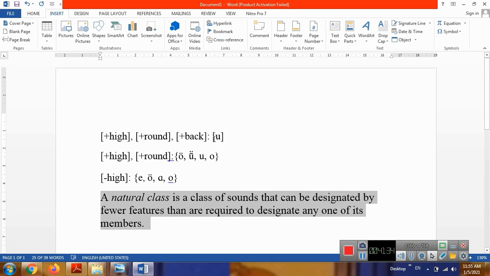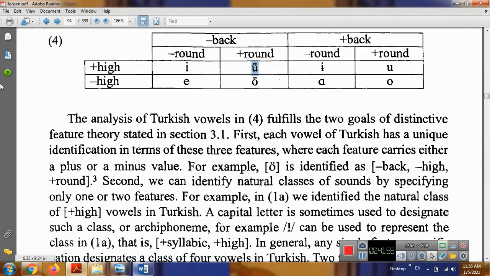For example, in Turkish, to designate one of its members, we should have 3 features. And when we have fewer than 3 features, for example, we describe the sound according to 2 features or 1 feature, we say that they are a natural class. Here we have a natural class and here we have a natural class. By the definition of natural class, we mean such sounds.